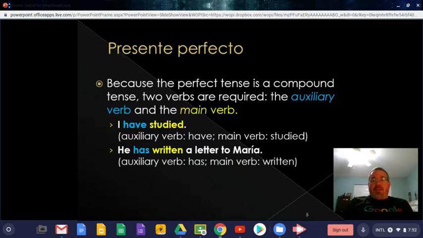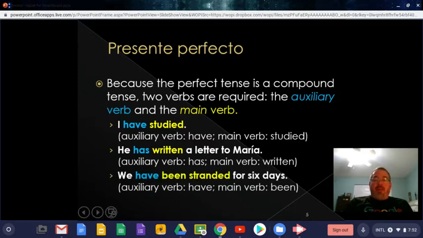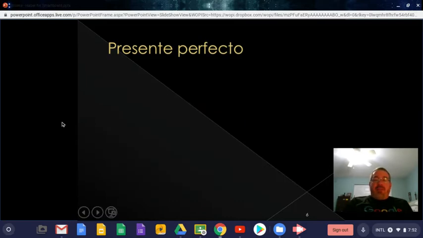Has is the aux verb. Written is the main verb. We have been stranded. So have is the aux verb, and been is a past participle, and stranded is an adjective. So those are three different ways that we'll deal with the perfect tense in this lesson.